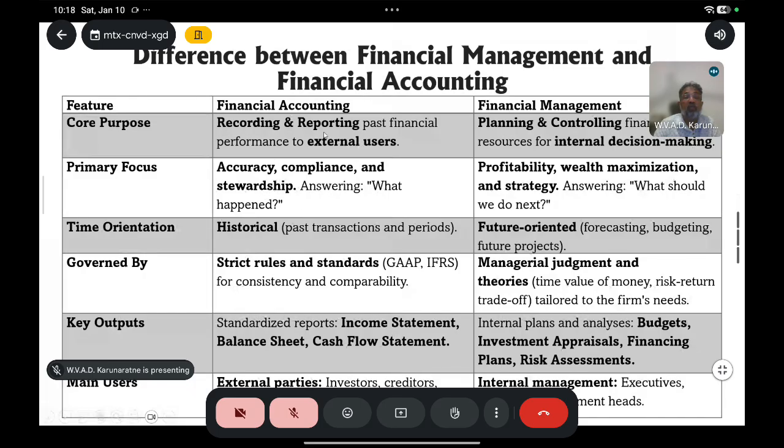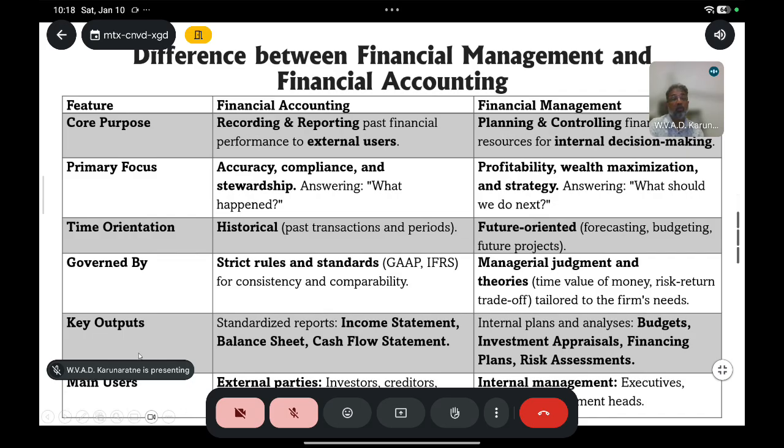We prepare financial accounting based on historical data, and financial management is future oriented. Financial accounting is governed by IFRS, International Financial Reporting Standards, but in financial management you cannot see that kind of rigid standards.